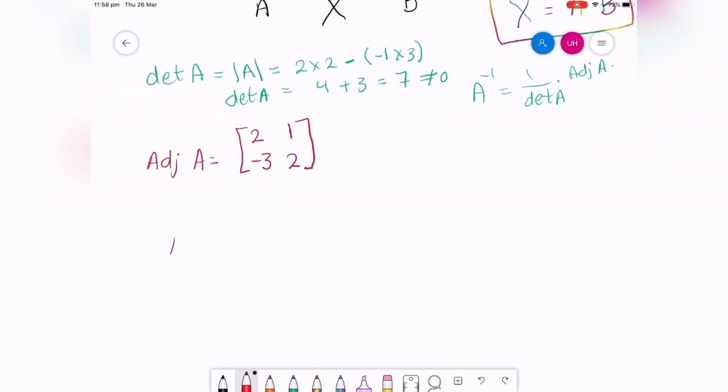So A inverse equals 1 over the determinant, which is 7, multiplied by 2, 1, minus 3, 2.